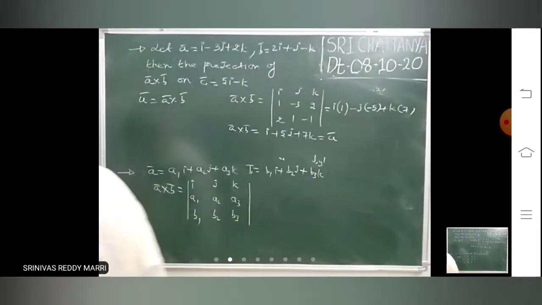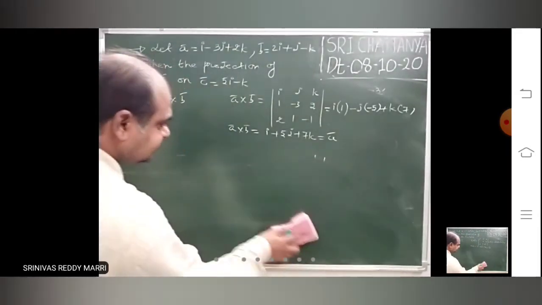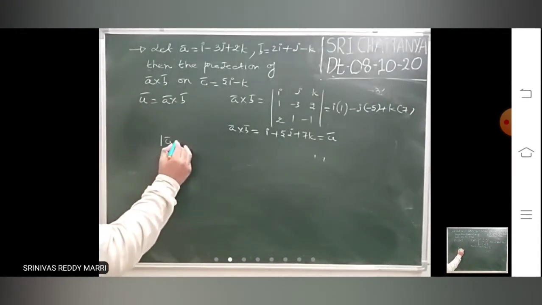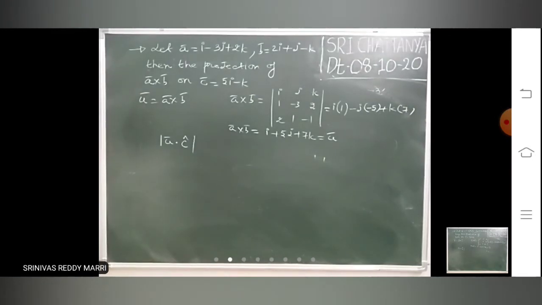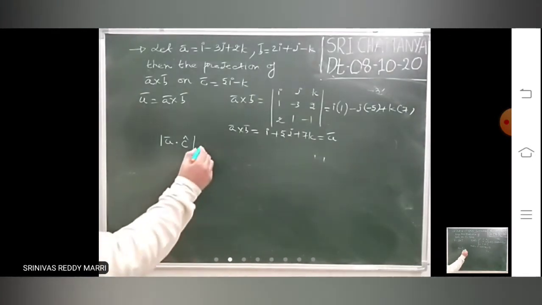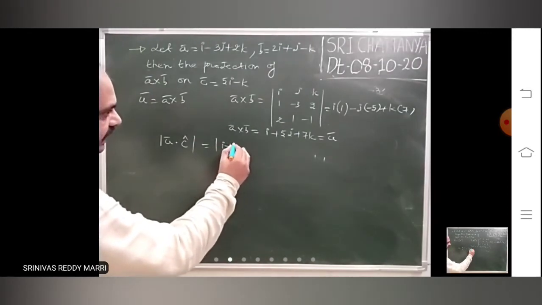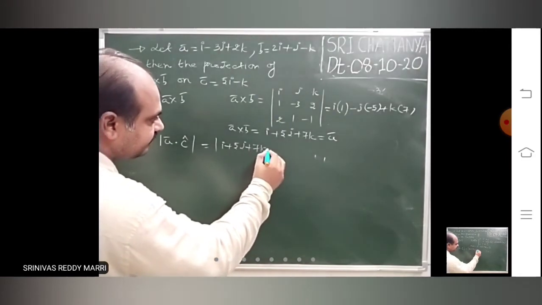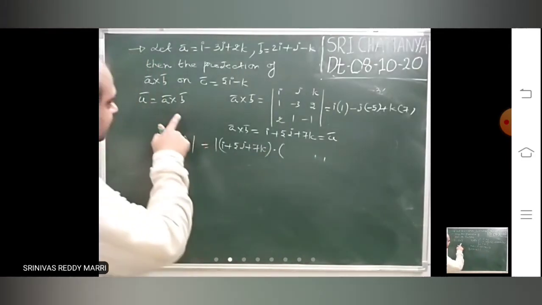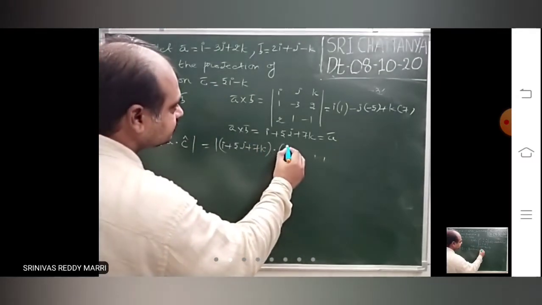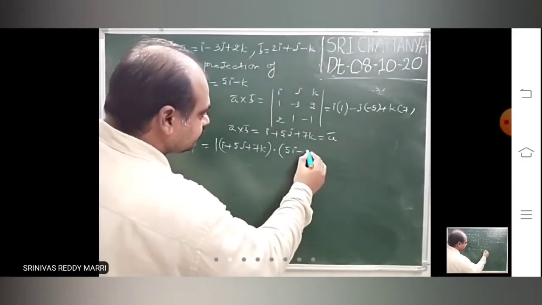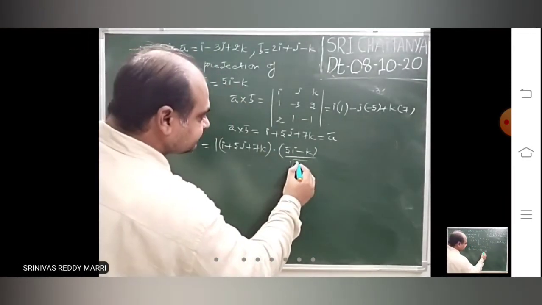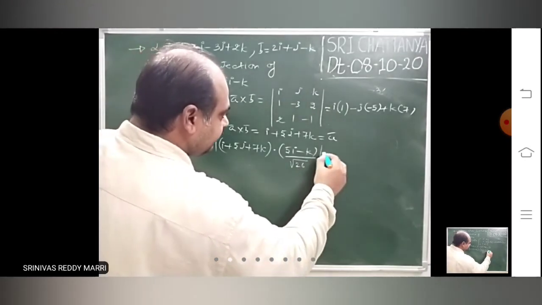What is the projection of U bar on C bar? It is nothing but modulus of U bar dot C cap. That means U bar, which is i plus 5j plus 7k, dot the unit vector C cap, which is 5i minus k divided by root of 25 plus 1, that is root of 26.